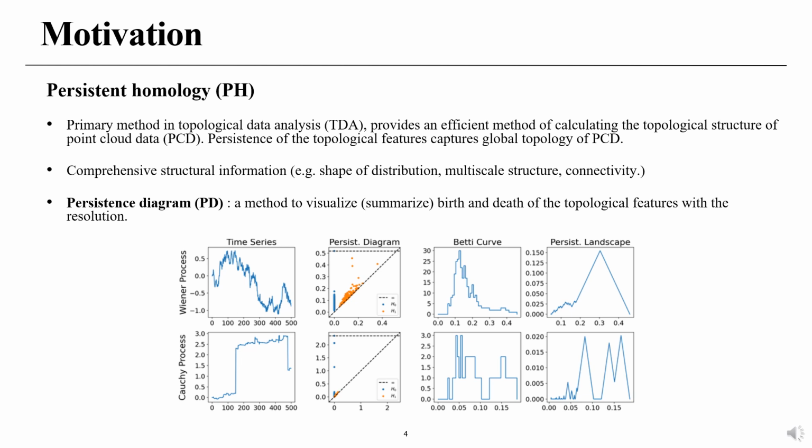There are several visualization methods for persistent homology, including persistence diagrams, Betti curves, and persistence landscapes. In this case, we have opted for persistence diagrams, which depict the inception and cessation of topological features with precision.